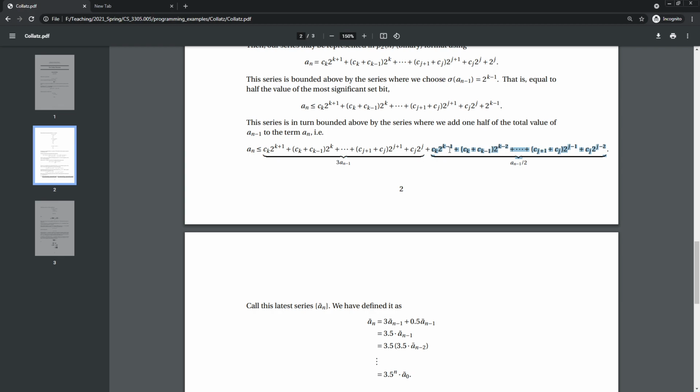Where we've discovered this by creating an upper bound for this. So now this is just this one value here, and it's our upper bound for our sequence, which never converges.